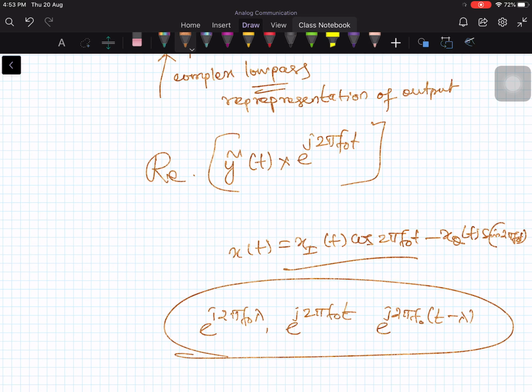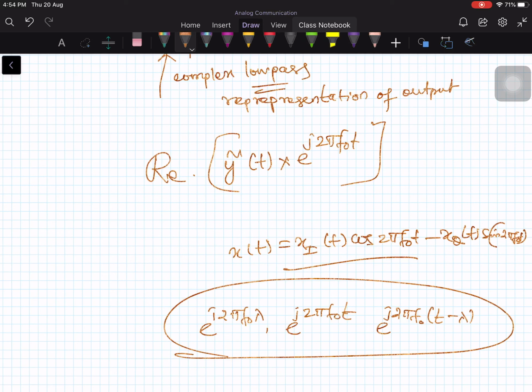So these all give unnecessary mess in the calculation. Therefore these terms are not necessary to carry with us at all in our manipulations. So directly deal with the low pass representations, carry out the mathematics, and the final result is simply that you multiply by e to the j 2 pi f naught t and take the real part of that.